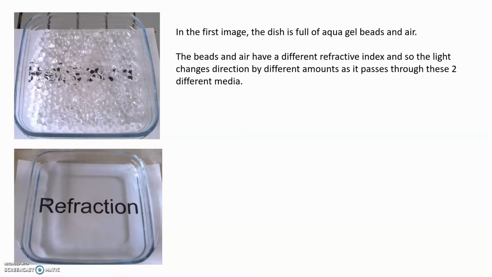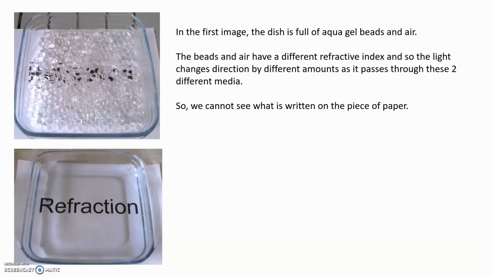And the aqua gel beads are effectively water, they're full of water, and they're surrounded by the air, and the beads and the air have a different refractive index, and so the light will change direction by different amounts as it passes through the air and passes through the aqua gel beads. And so because there's different changes of direction, we cannot see what's written on the piece of paper, it just looks blurred.